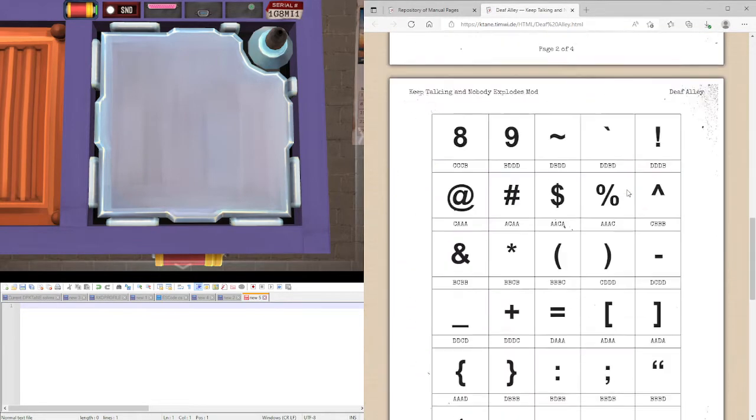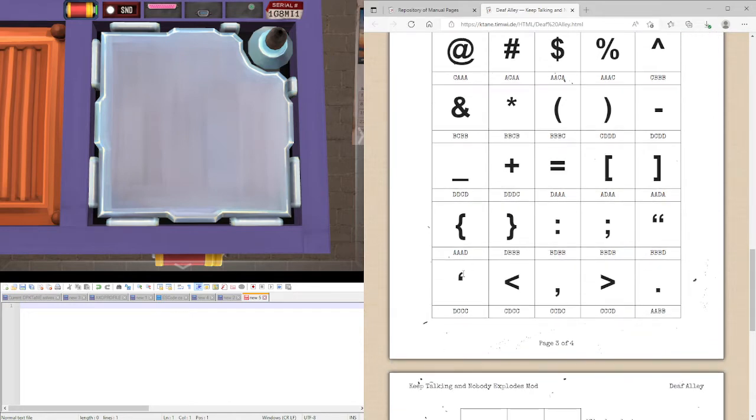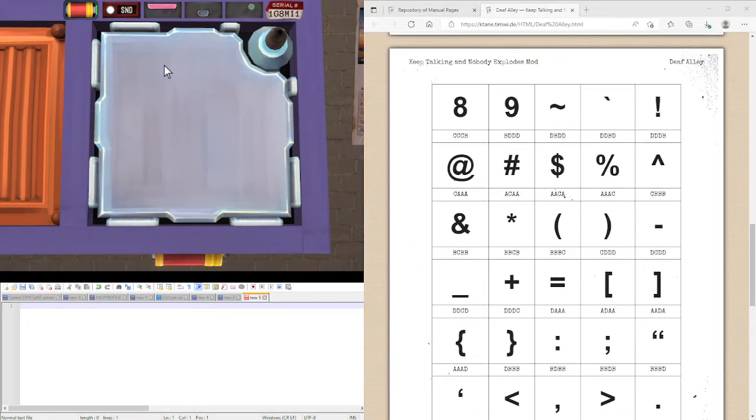So it's probably something like apostrophe, could be this, or this, I'm assuming. So let's see. I think it's this.